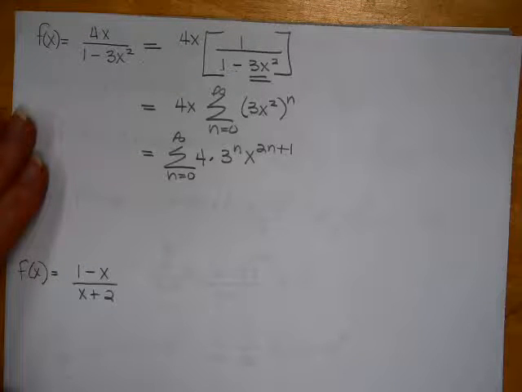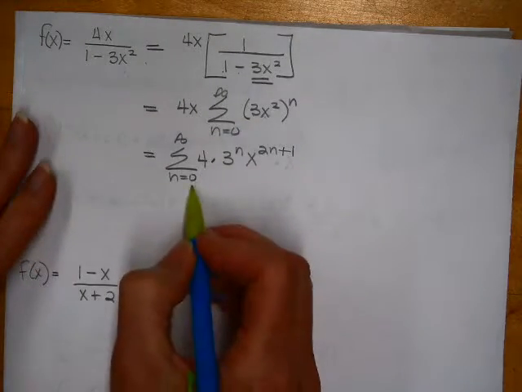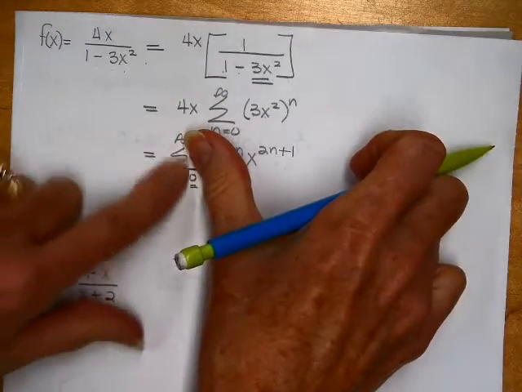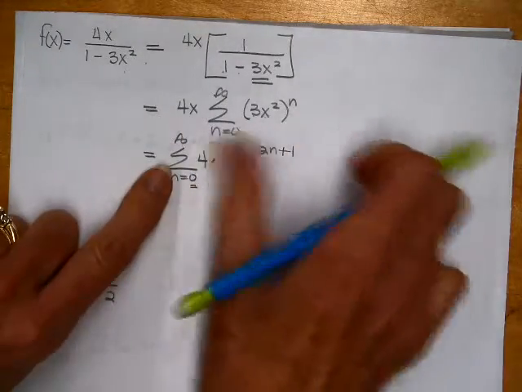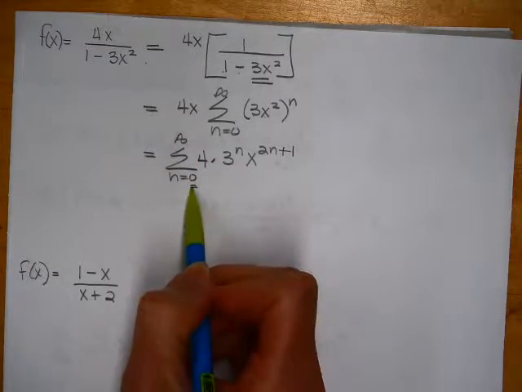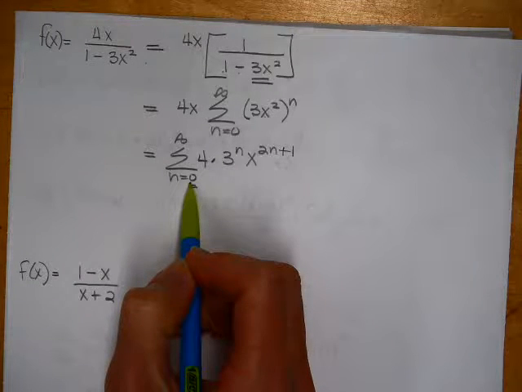Question? All right, I noticed in WebAssign, they tell you the starting point. They put this part of the problem there for you, and you have to fill in the rest. In every one of these it starts at 0, which is fine, but they may change it and they may put a 1 here.